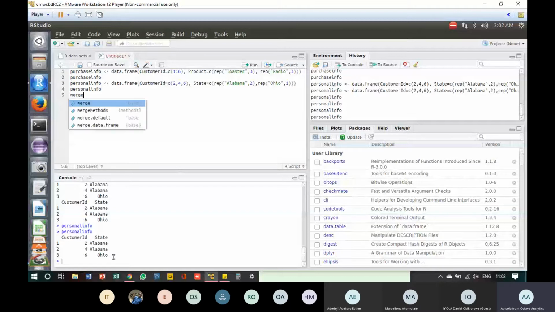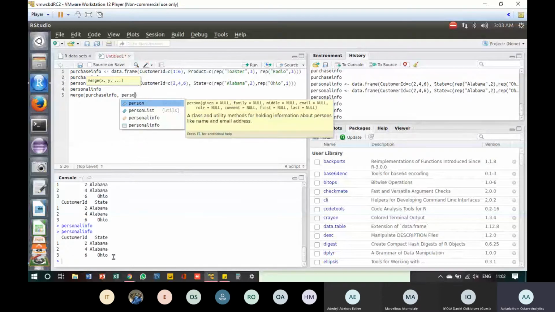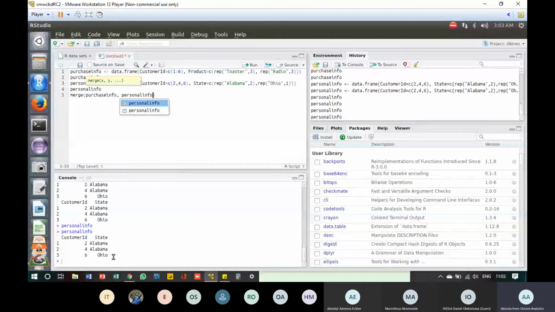So the merge function, purchase info, personal info, and join them by, so you're telling them to join them by customer ID.